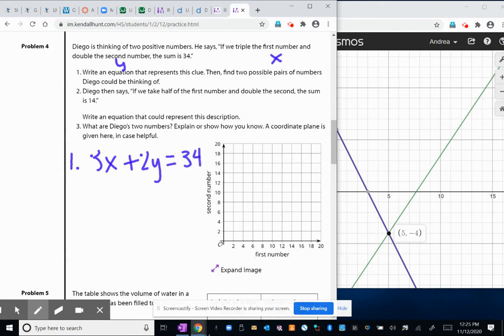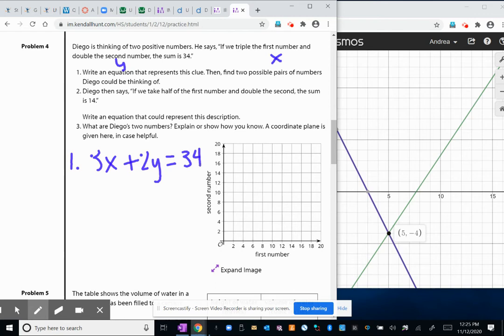Then it says find 2 possible pairs of numbers Diego could be thinking of. Well, the easiest pairs of numbers to figure out might be making one of them equal to 0. So I know that if x is 0, then I'm just doubling y and get 34.